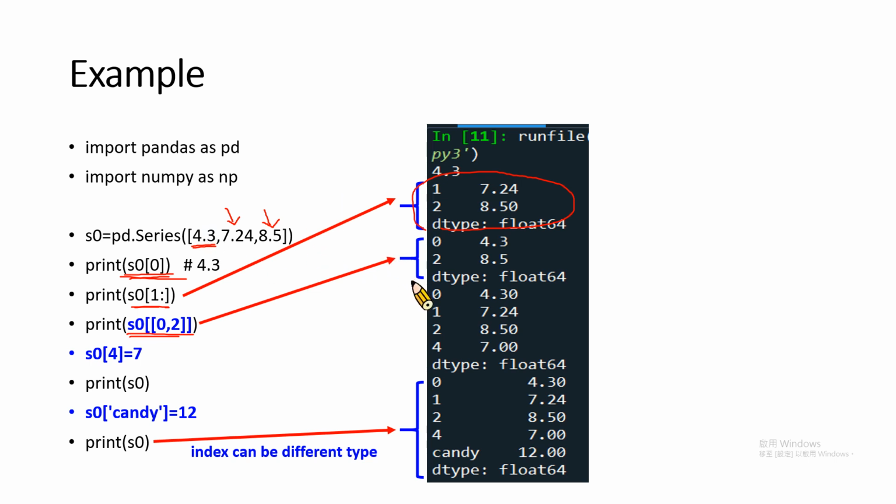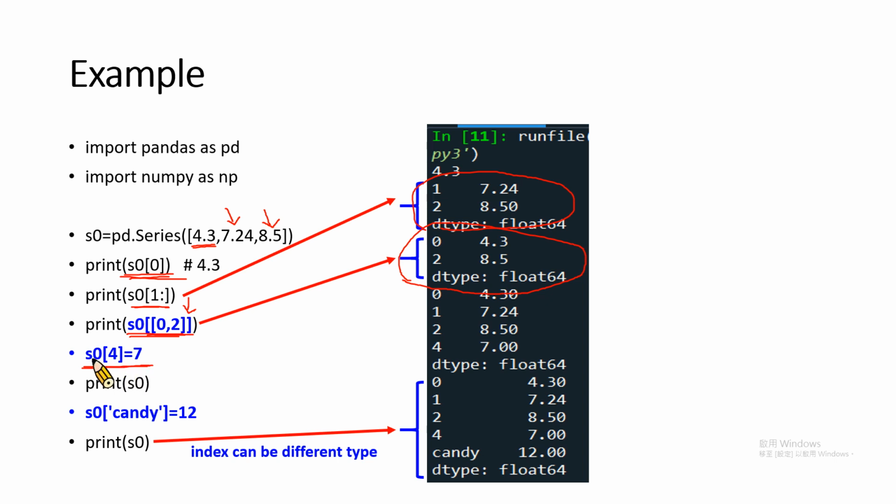You see the result here. So if you want to get multiple elements, you need two brackets here.